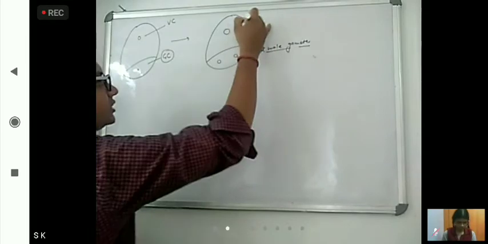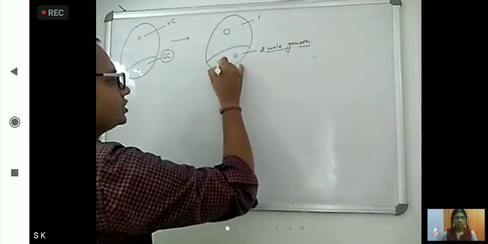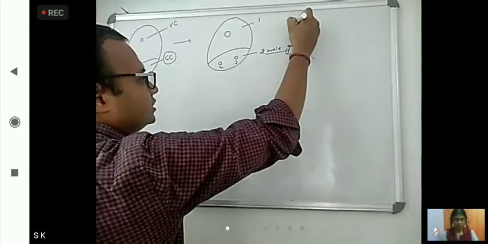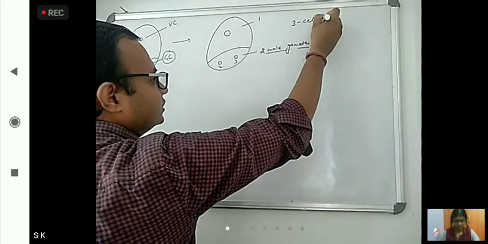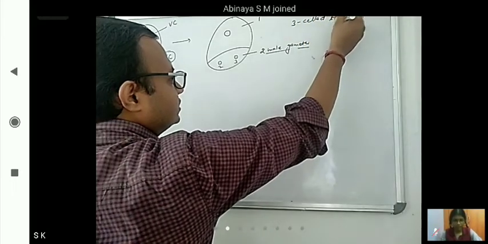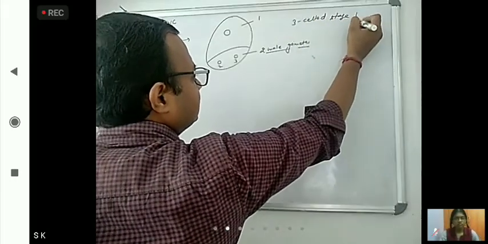So this is one, second, third: a three-celled stage.